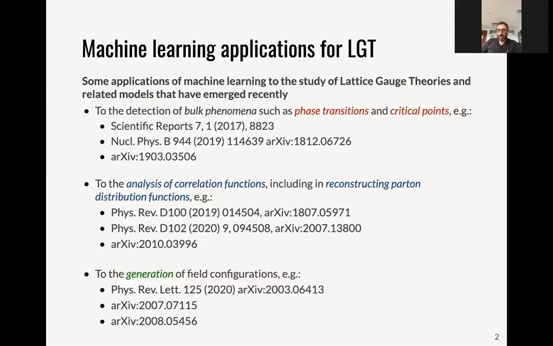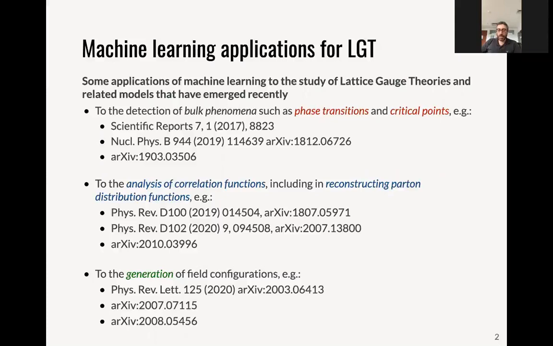Before we go to that, I just want to give you some references. During the past few years, there has been some activity in introducing machine learning concepts in the analysis or the simulation of lattice gauge theories. I've grouped them here into these three categories, but this is just my grouping.